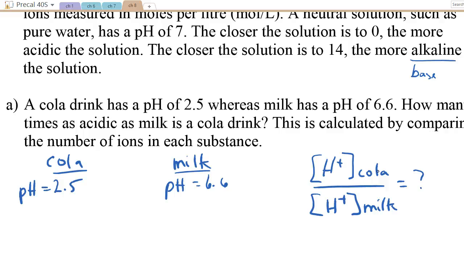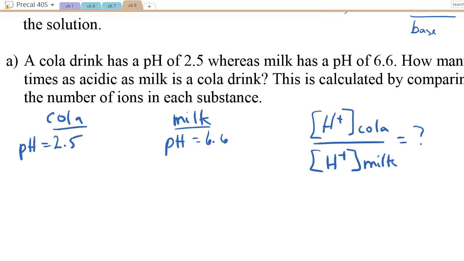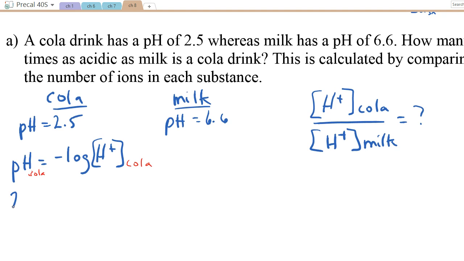So looking over here, we can say that pH is equal to the negative log of the hydrogen ion concentration. And now I'm on the cola side here, so I'll just keep track of this. I'm going to write cola, and here I'll write cola. So our pH of 2.5 is equal to the negative log of the hydrogen ion concentration of cola.